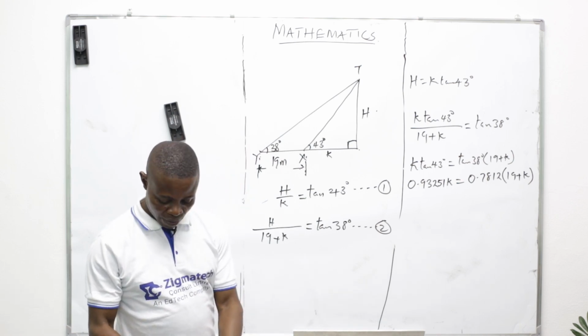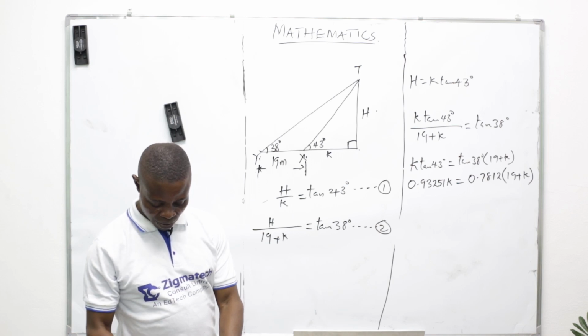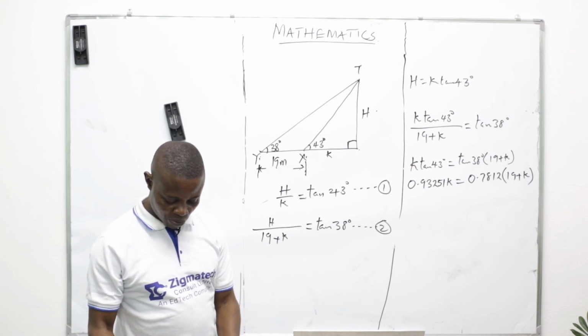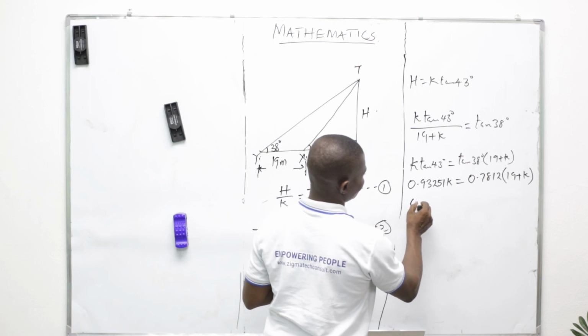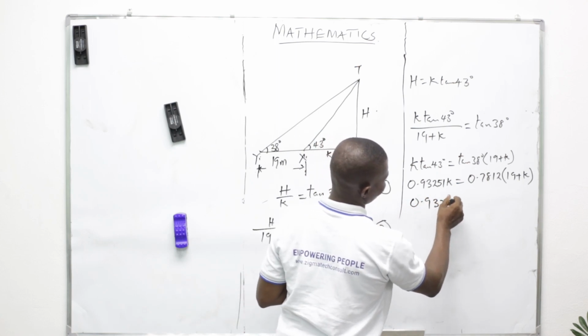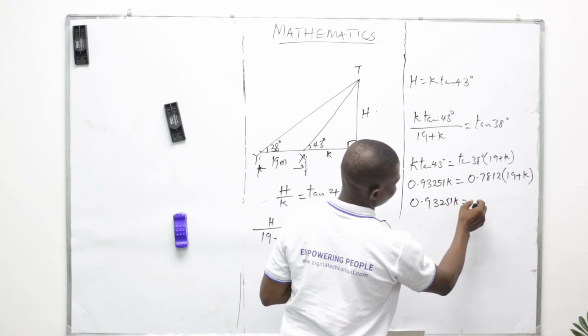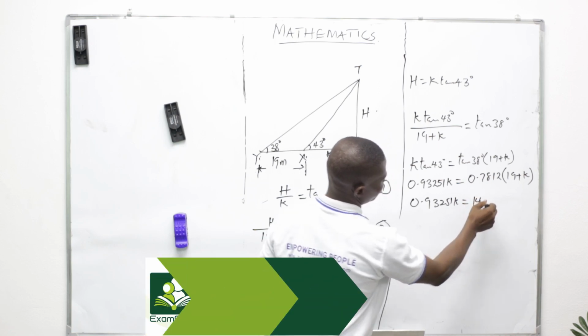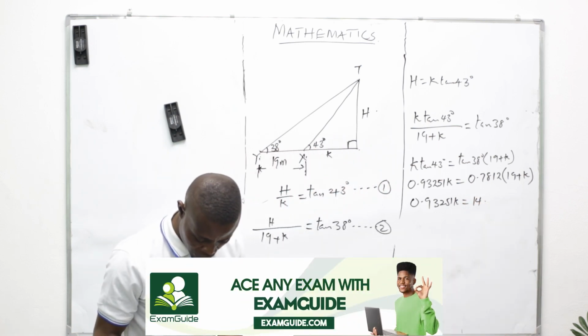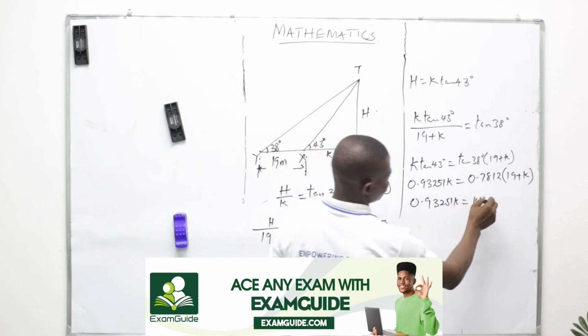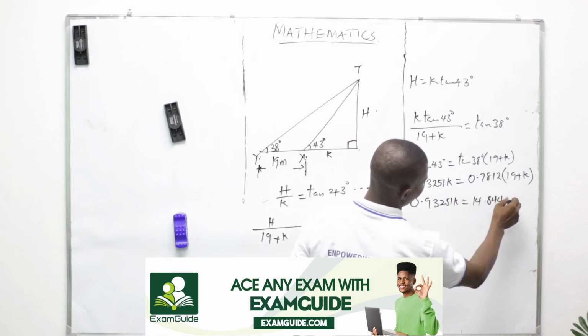When I multiply times 19, I have 14.844. 0.93251K equals 14.844 plus 0.7812K.